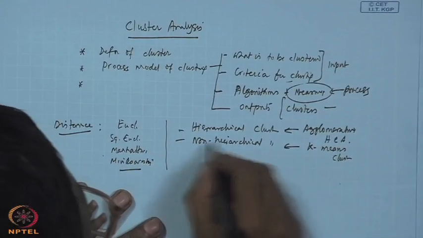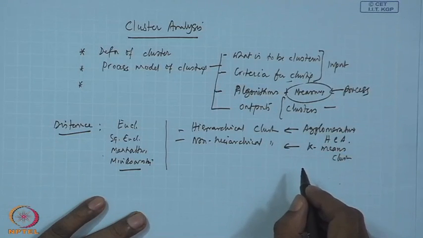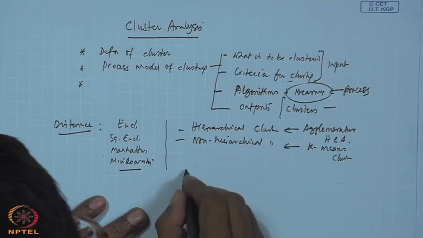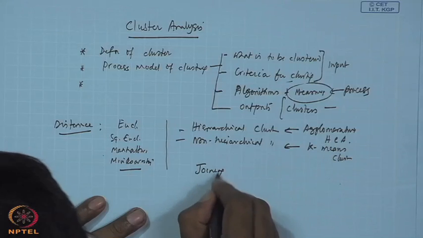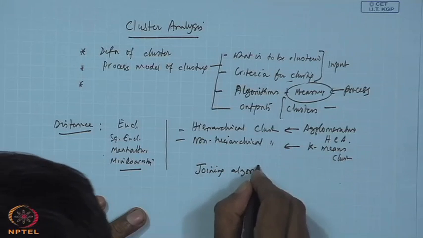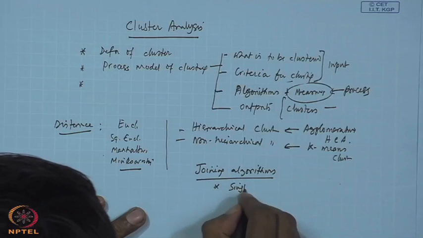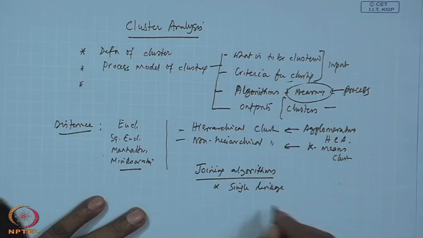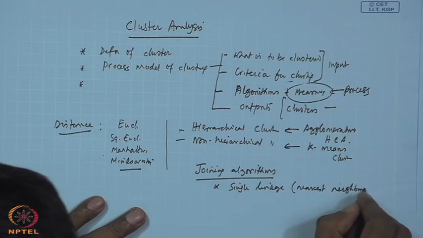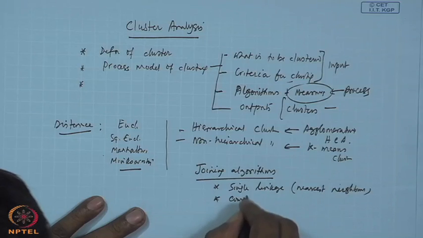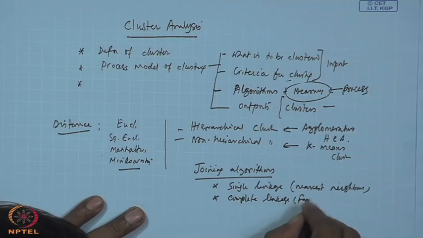And again under hierarchical clustering, particularly for agglomerative clustering, we have discussed the different joining algorithms. For example, we discussed single linkage, which is also known as nearest neighbor, complete linkage, which is also known as farthest neighbor.